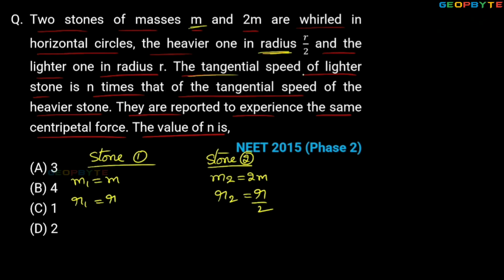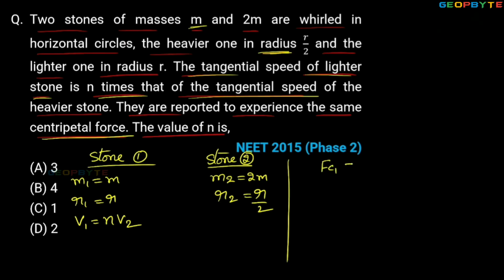The tangential speed of the lighter stone is n times that of the heavier stone. That means V1 equal to n times V2, where V2 is the velocity of stone 2. But it is given that both are maintaining the same centripetal force. That means FC1 equal to FC2.